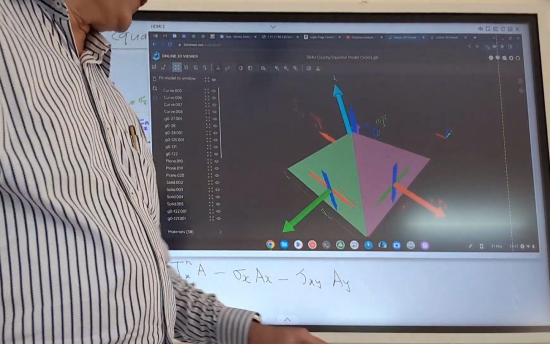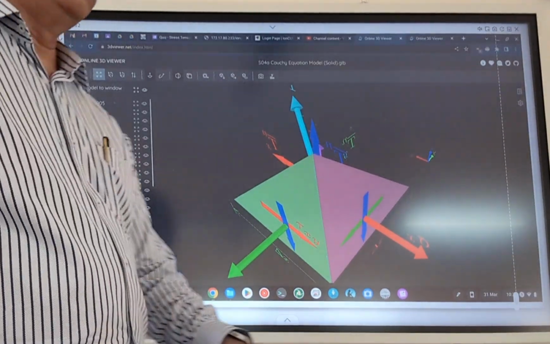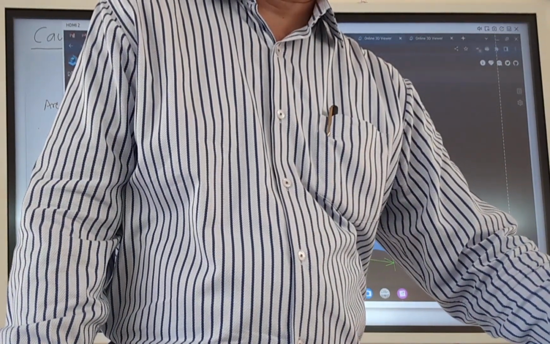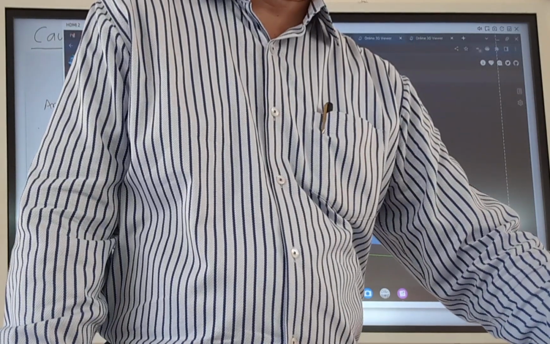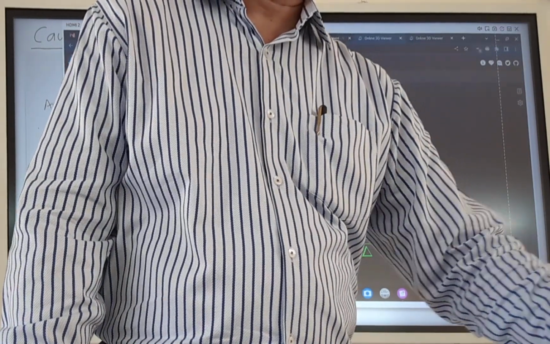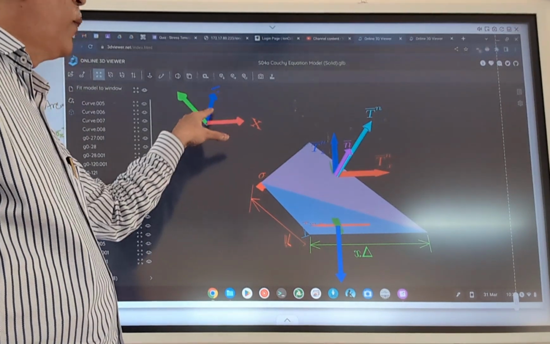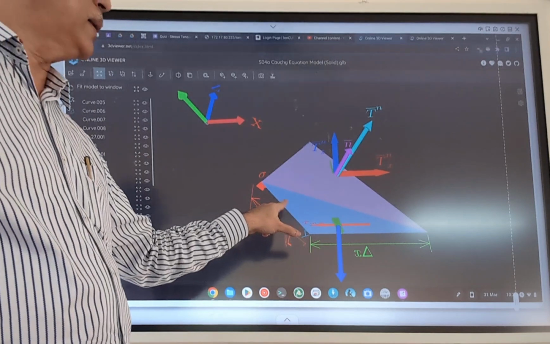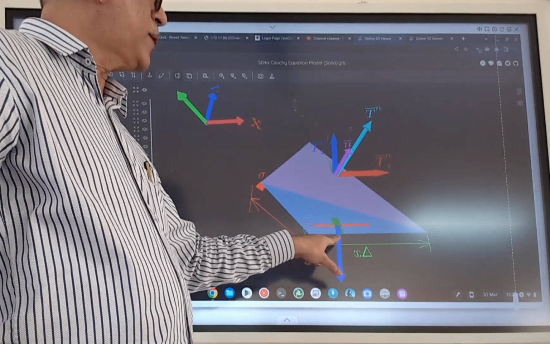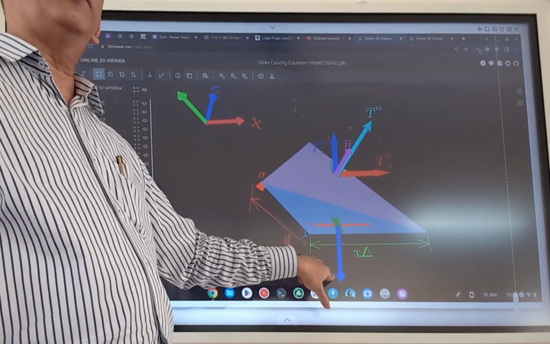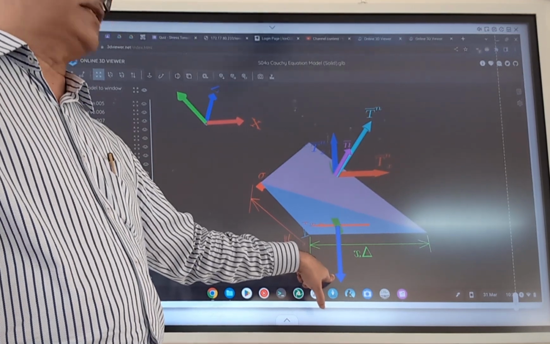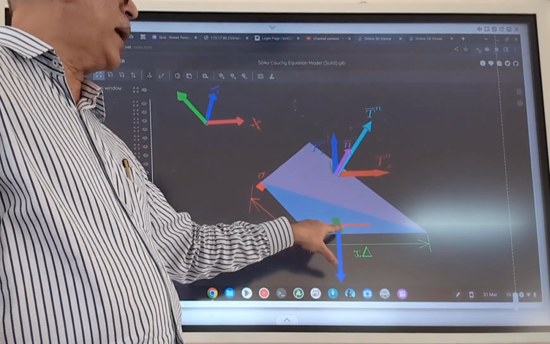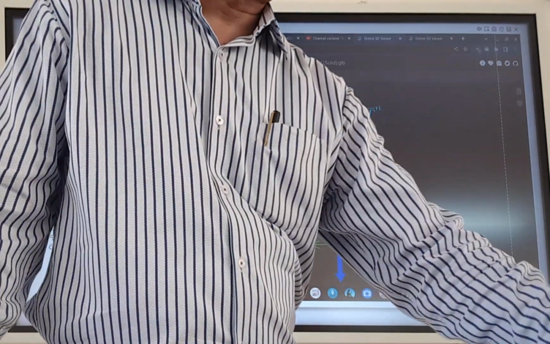And finally, the last face. So now we are talking about the z face, which is the bottom face of this tetrahedron. So we have on this face, what would this blue component be called? It is sigma z, and there are two shear components, out of which the component which will be in x direction is shown here in red.